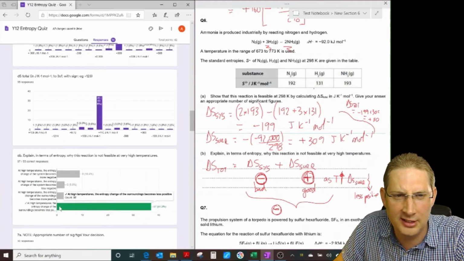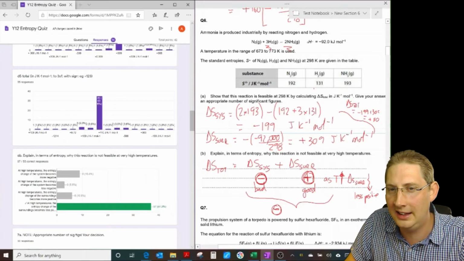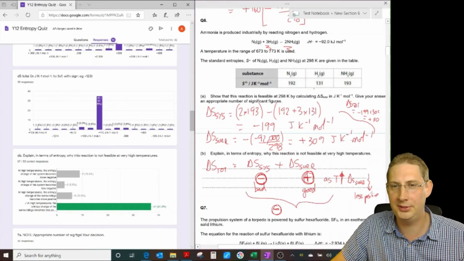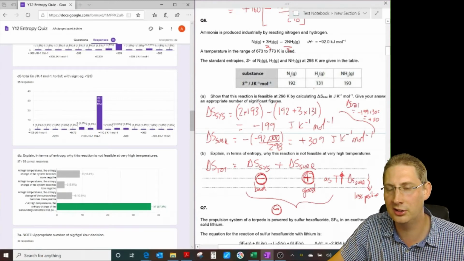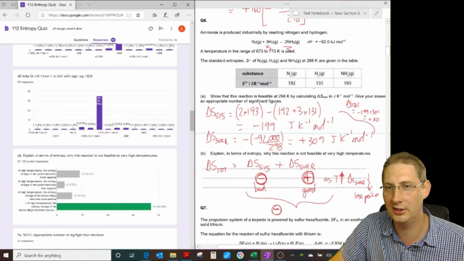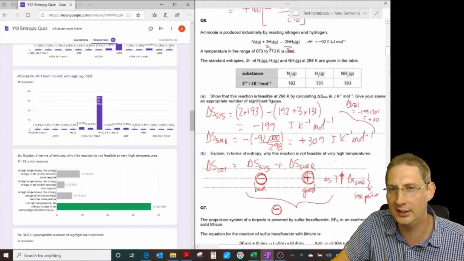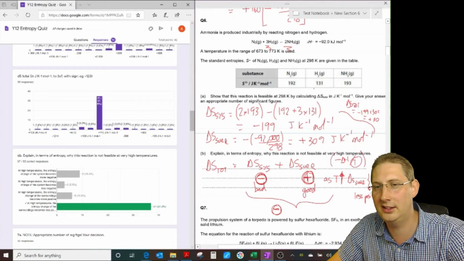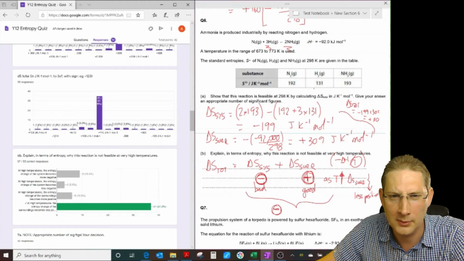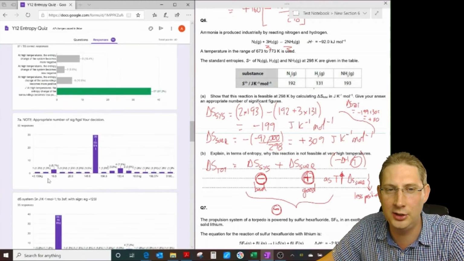At high temperatures, the entropy change of the surroundings becomes less positive. Absolutely. So remember, the temperature affects the entropy change of the surroundings far more than the entropy change of the system, because the surroundings is minus delta H over T. Bigger T, smaller value for that term. 67% of you getting that right.